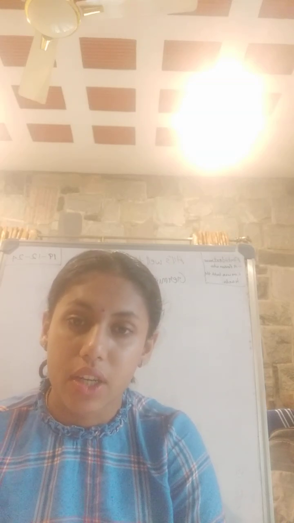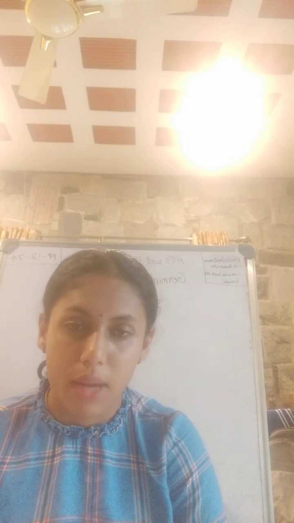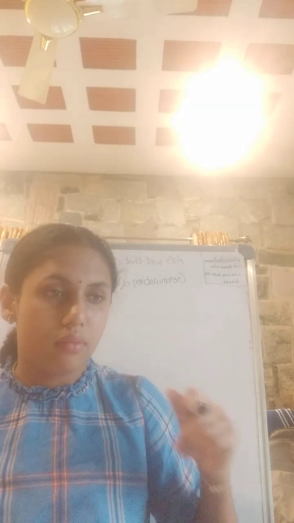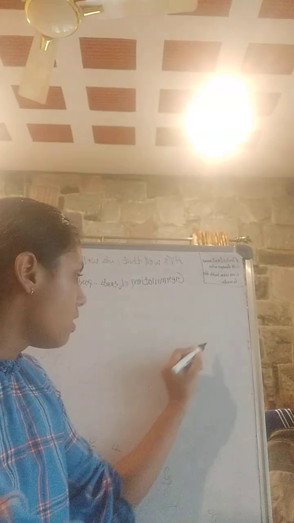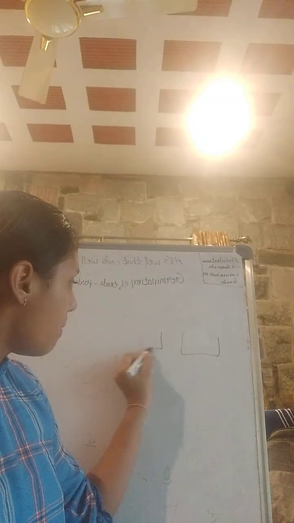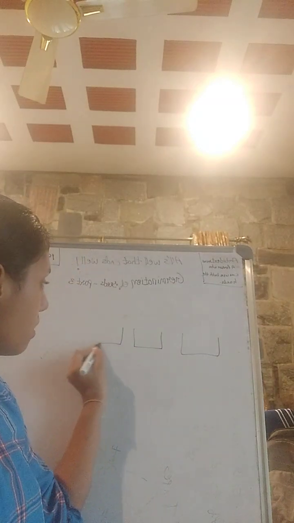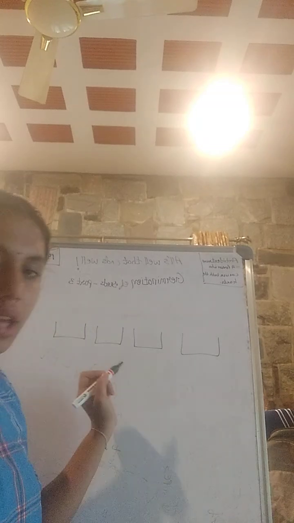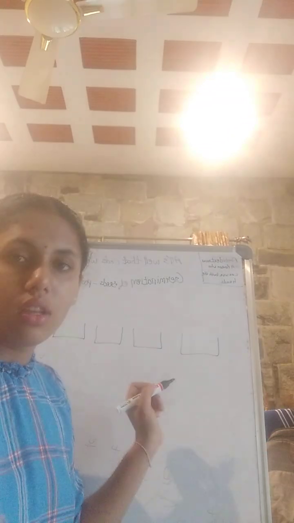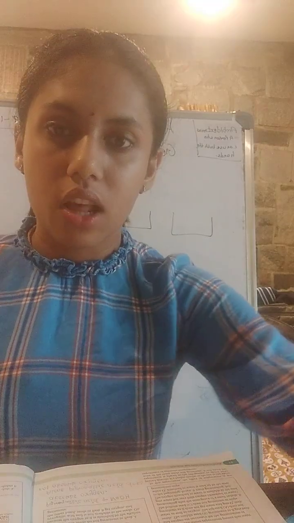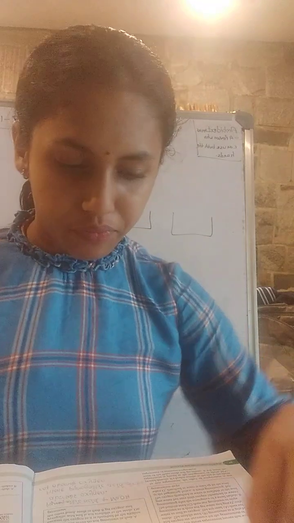So 4 petri dishes, let's name them A, B, C and D. I am writing those 4 petri dishes here. Petri dish A, petri dish B, petri dish C and petri dish D. Okay? Just a second everyone. So there are 4 petri dishes.